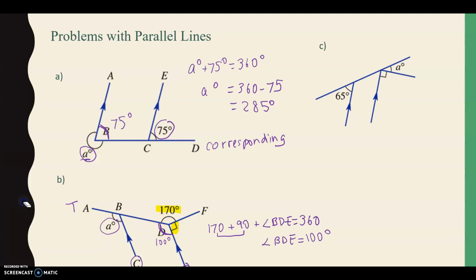And that's because we have the F situation. So this angle is equal to that angle, and therefore angle A is equal to 100 degrees.